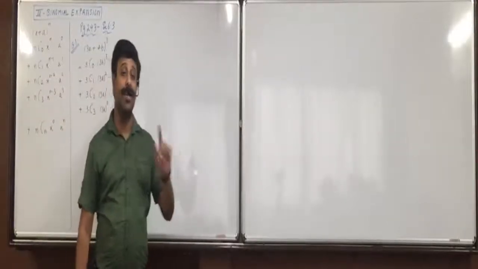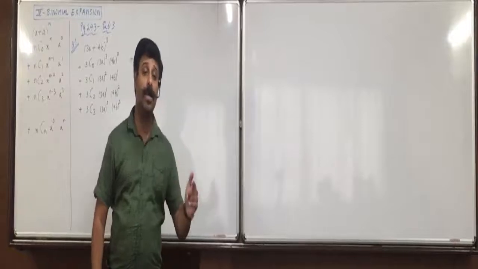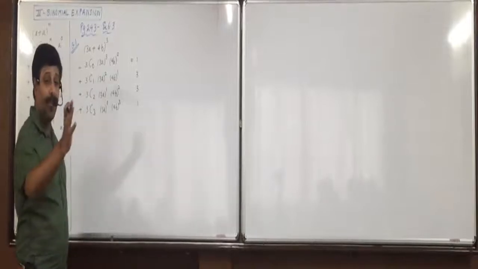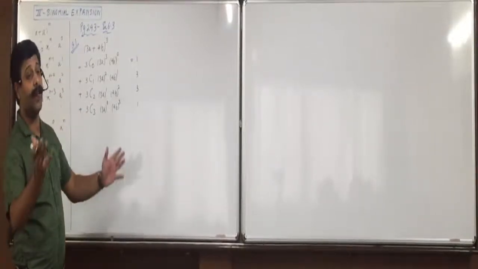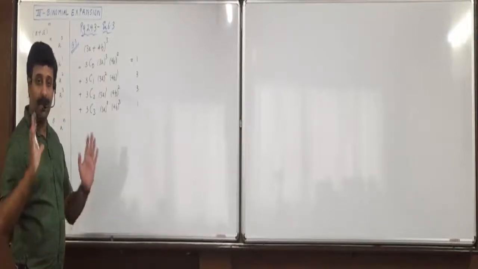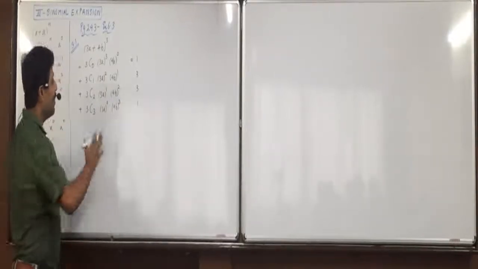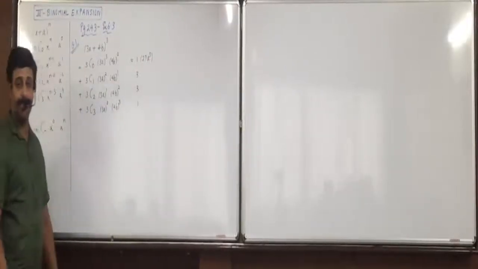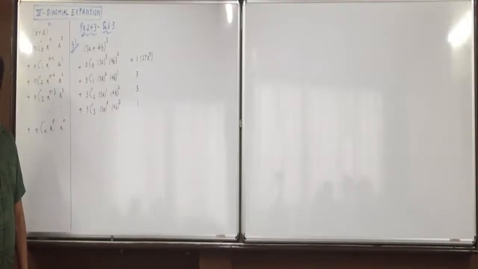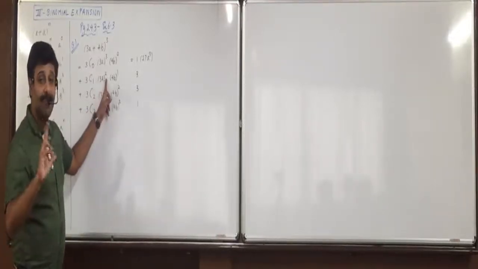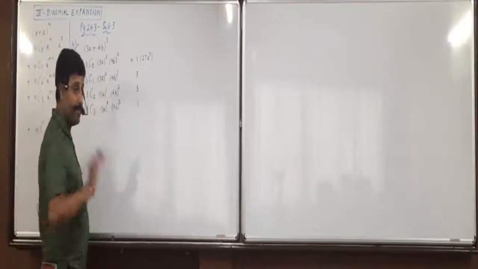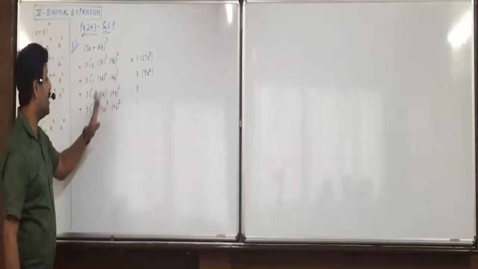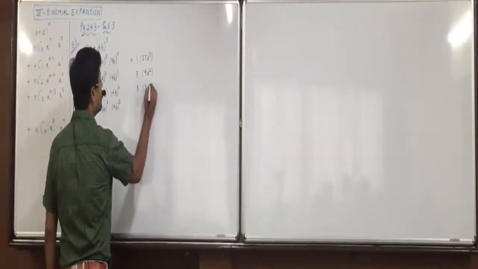Now, 3 cube is 27. 3 cube, not 3 into 3. 3 into 3 into 3. Did you understand this? And not in chorus, one person replied and the other said 9, 9. All of you apply your logic, don't repeat others' answers. 3 raised to 3, 27a cube. 3 square is not 6. 3 into 3, 9. 9a square. 3 raised to 1 is 3a.